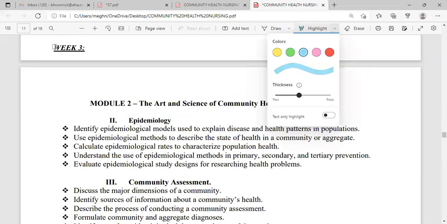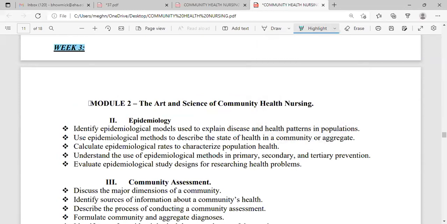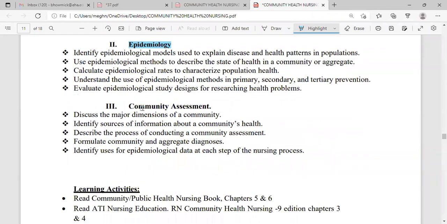The next week, week 3, Module 2, the art and science of community health nursing, covers epidemiology and also community assessment.